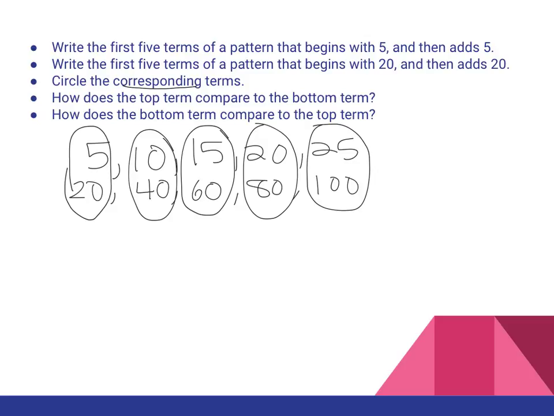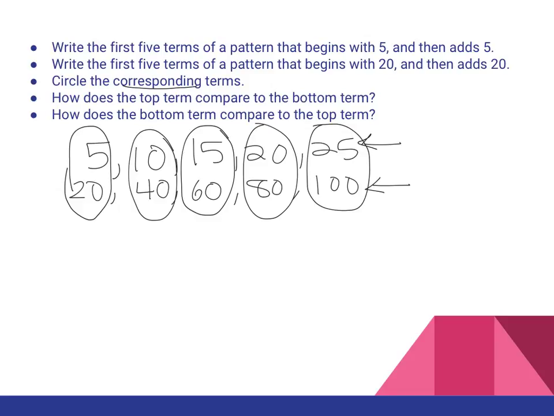The next question says, how does the top term compare to the bottom term? When you write the answer to this, you have to be sure to say what the top term is in relation to the bottom term. So when I look at the top term, let's do this one as an example. Here we have 25, and the bottom is 100.